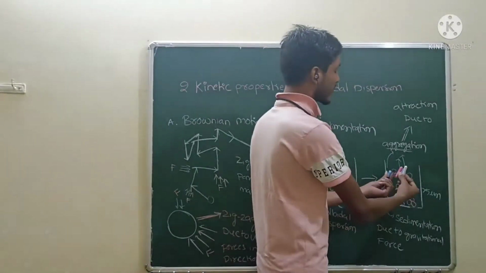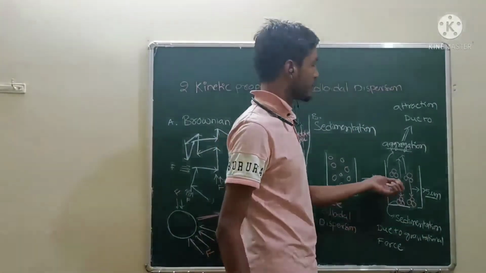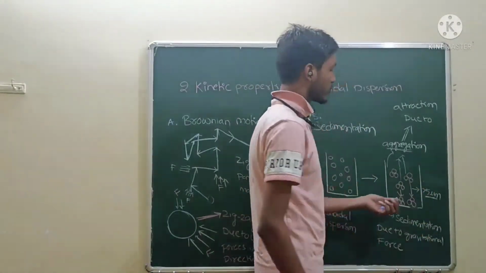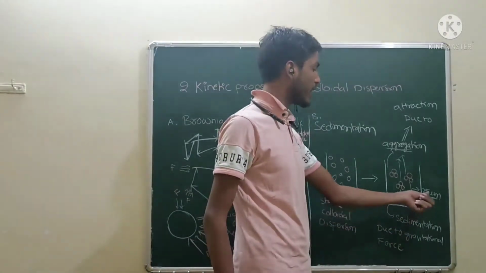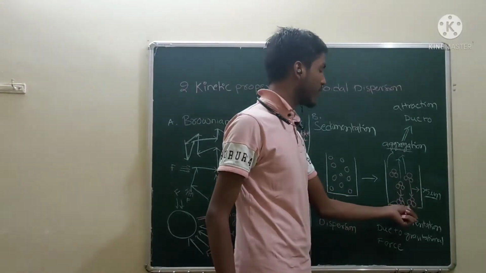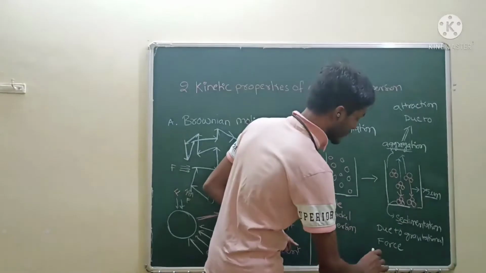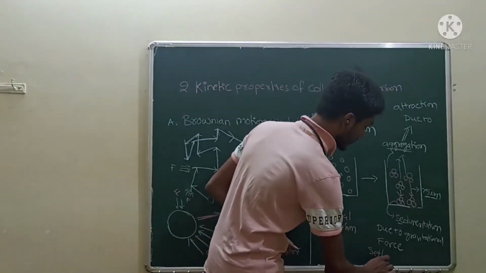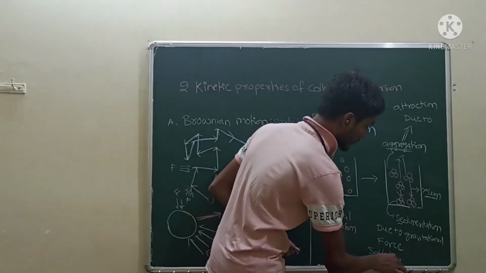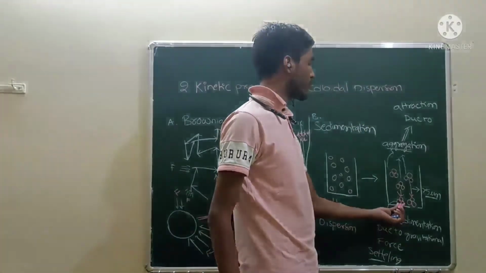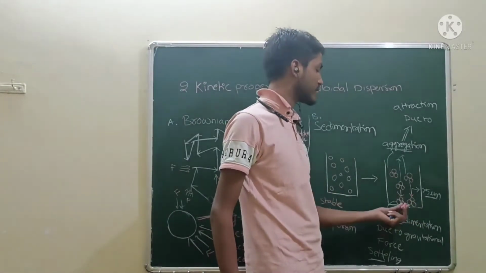Whenever the particle size increases above 5 micrometer, then immediately the gravitational force acts on this particle, leading to sedimentation or settling. Sedimentation means settling of the particle at the bottom. At the bottom of the container, the particles get settled. We can call it sedimentation.